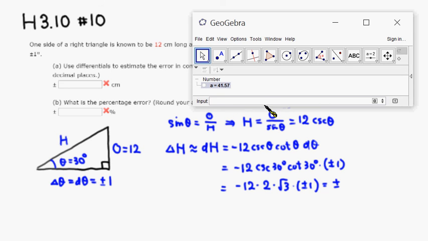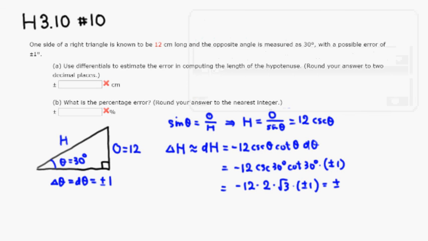Actually, I have to be a little bit careful. d theta is plus or minus 1, but when you do this, we have to turn it into radians. So this is actually plus or minus 24 square root of 3, and this is in radians.